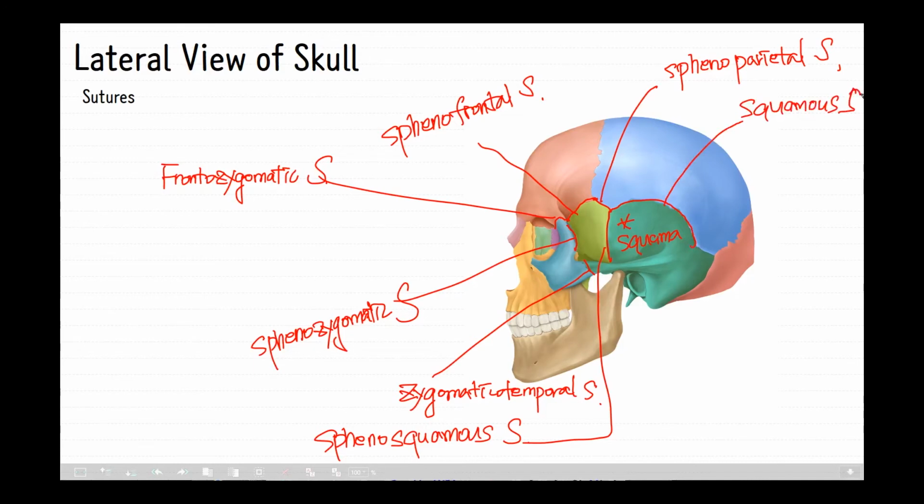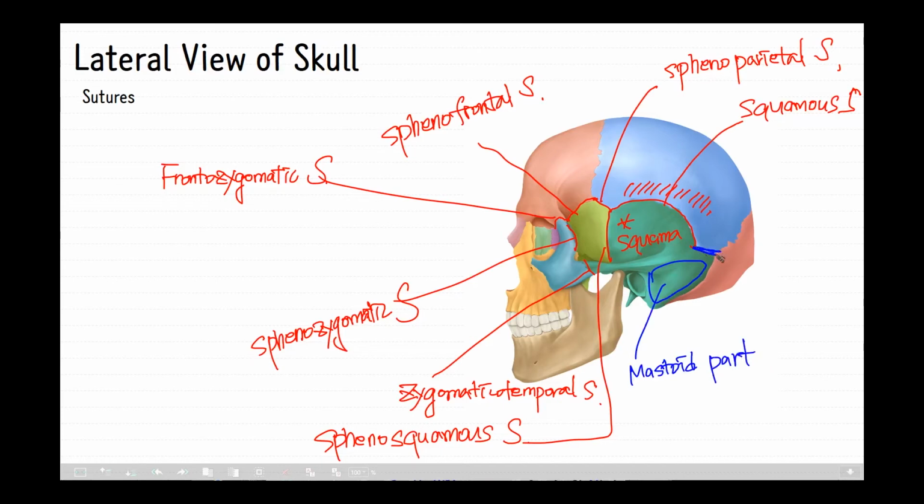the junction between the squamous part of the temporal bone and the squamous border of parietal bone. This is the squamous border of parietal bone. And the parieto-mastoid suture is here. This is the mastoid region, the mastoid part of the temporal bone.